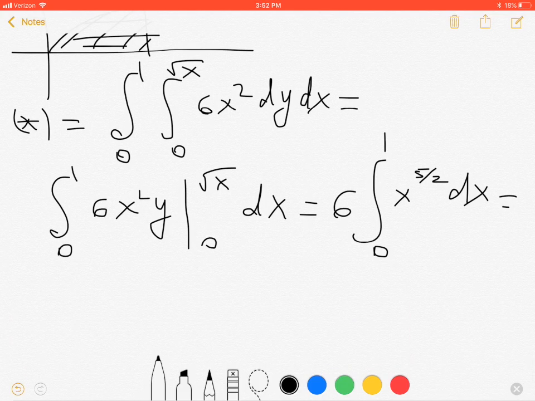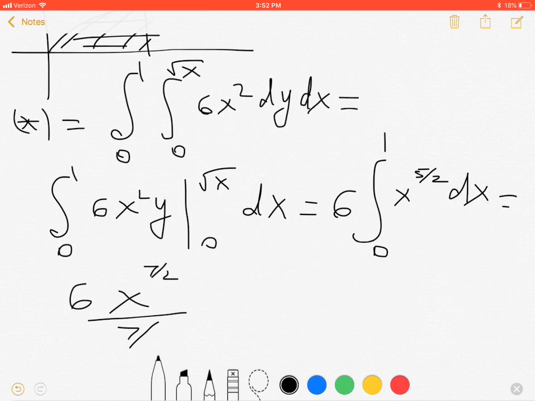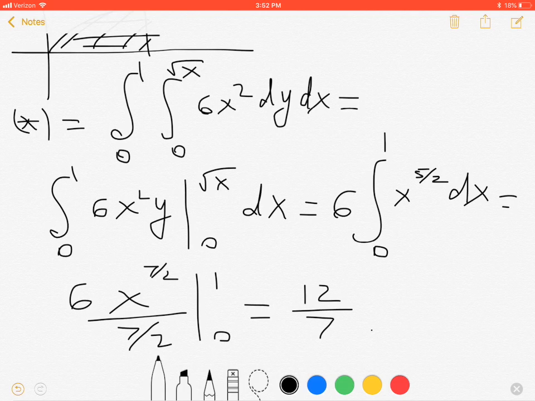This gives me 6 times x to the power 7/2 divided by 7/2, from 0 to 1, which is 12 over 7. We're done.